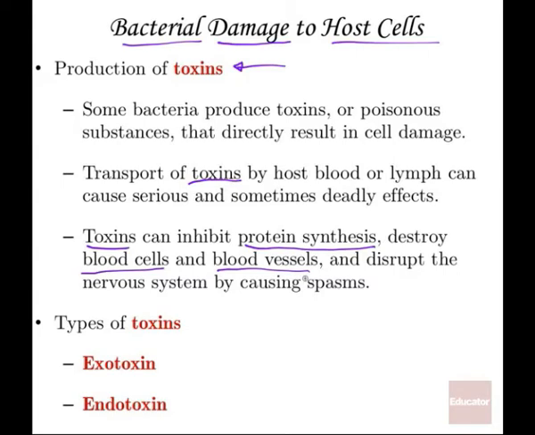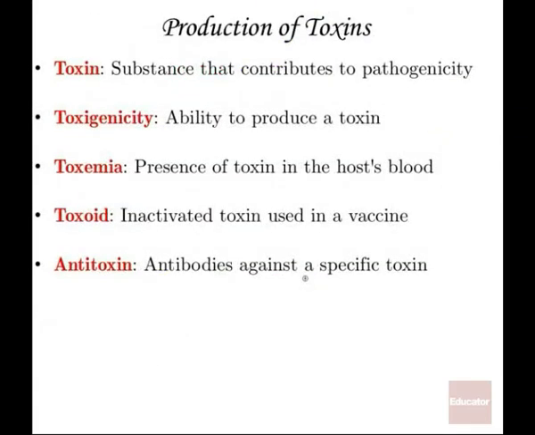So there are two major types of toxins: exotoxin and endotoxin. In terms of the terminology utilized with toxins, a toxin is the substance that contributes to the pathogenicity of that bacterial disease. So sometimes it's not the bacteria, it's the toxin.